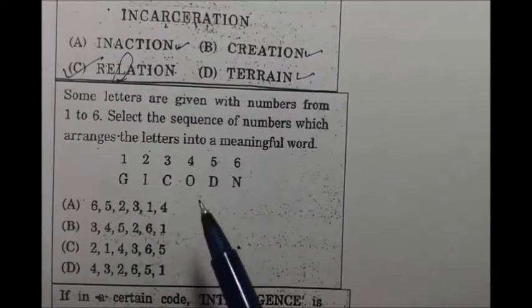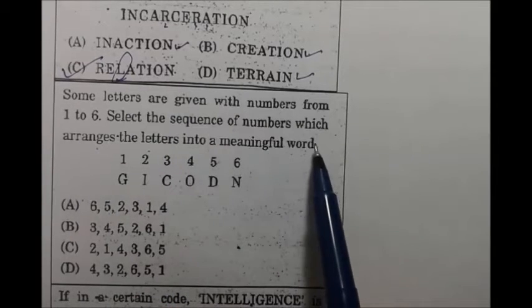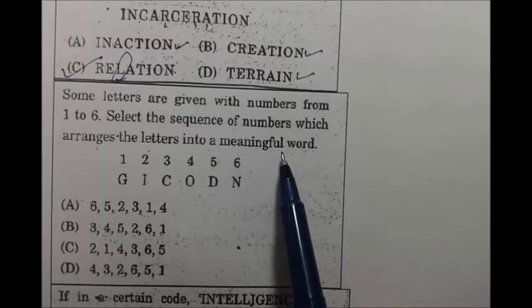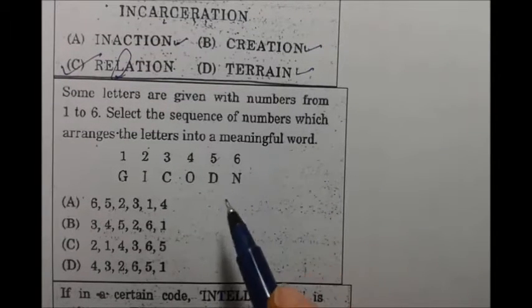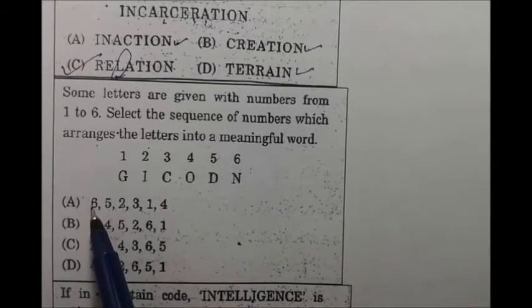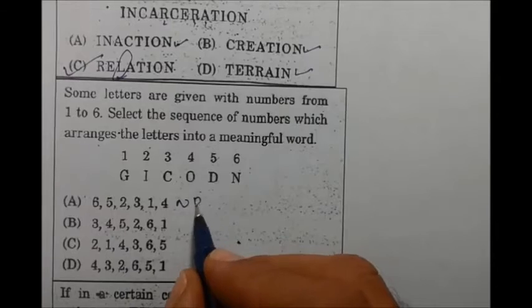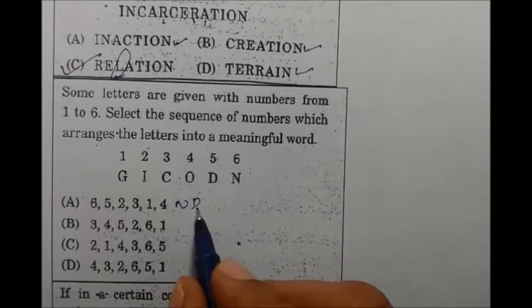Now try to solve this question. Some letters are given with numbers from 1 to 6. Select the sequence of numbers which arranges the letters in a meaningful word. So to solve this question, go by the options. 6 is N here, 5 is D. So with ND I won't form any word.